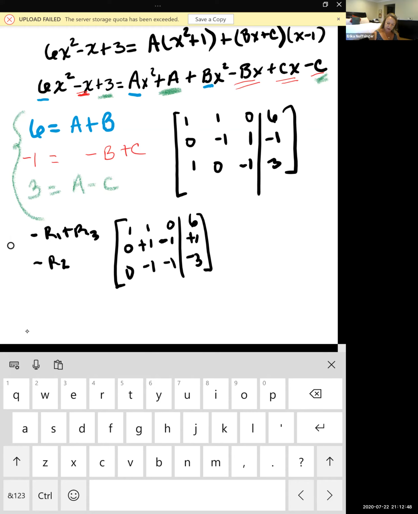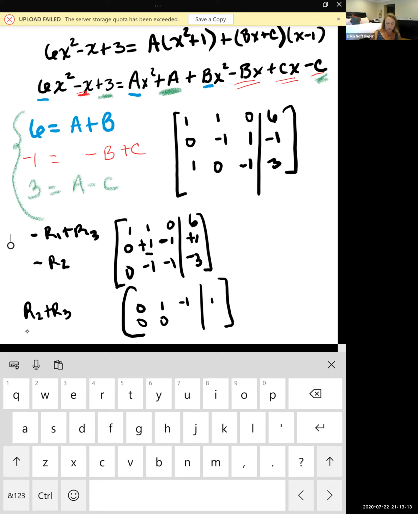So now we can use this 1 to get rid of the entries above and below. So let's look at row 2 plus row 3. I'm going to rewrite row 2 because that's the one I'm not changing. 0, 1, negative 1, and 1. And 0 plus 0 is 0. 1 minus 1 is 0.